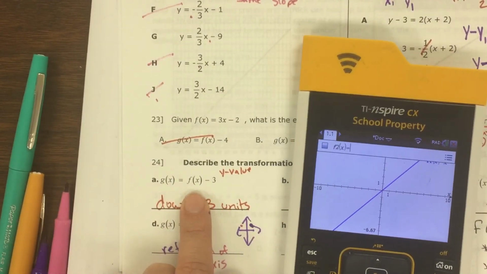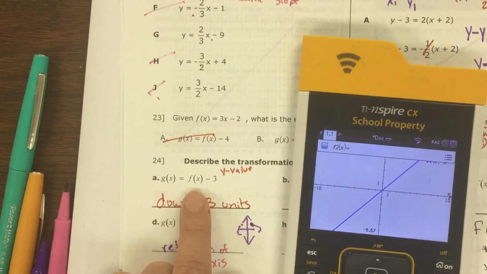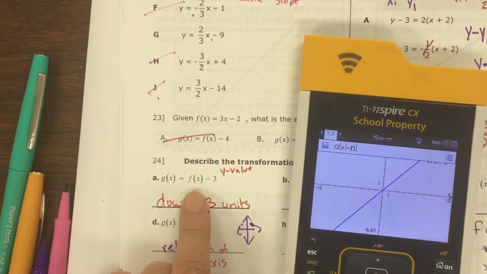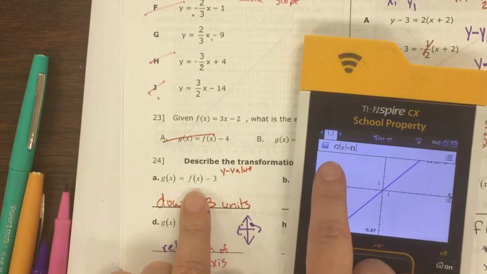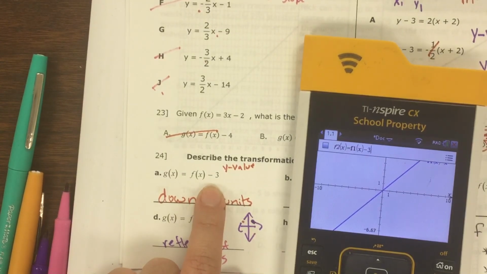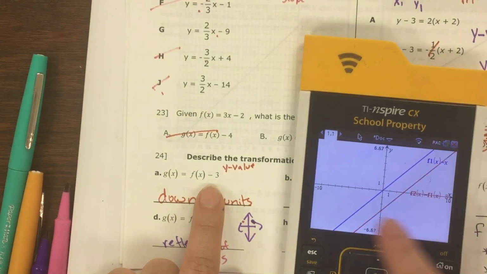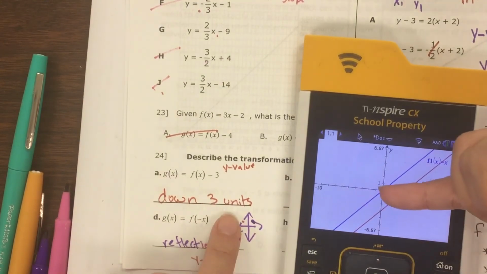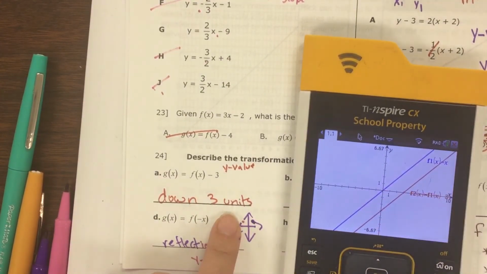So if I press tab and I'm using my calculator to kind of help me out, I'm going to do F1 because that's where I stored my first equation, under F1 of x. And then I'm going to do parentheses x close -3. When I press enter, I can see it has moved down those 3 units.